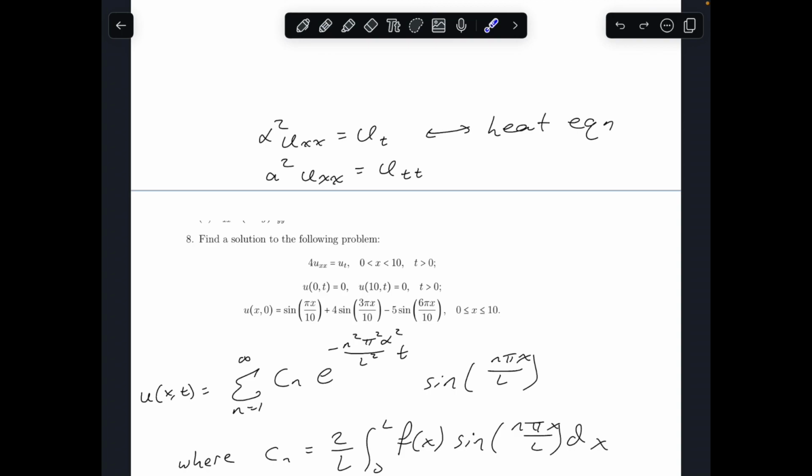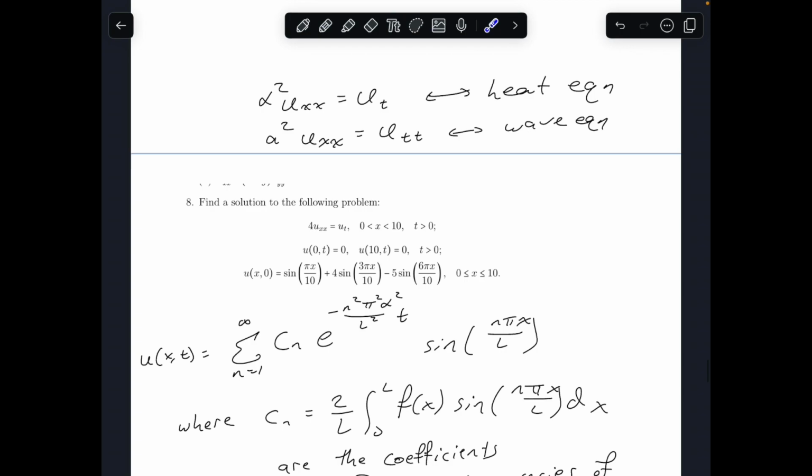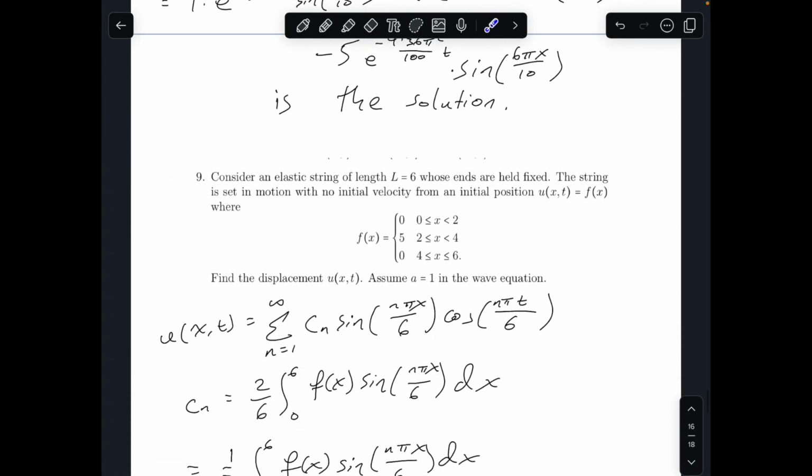And one way you can remember that this one is for the wave equation is because there's a second derivative here, and so we need to specify not just the initial position, but we also need to specify the initial velocity in addition to the initial position. So that's why with the wave equation we tell you, oh, there's no initial velocity.